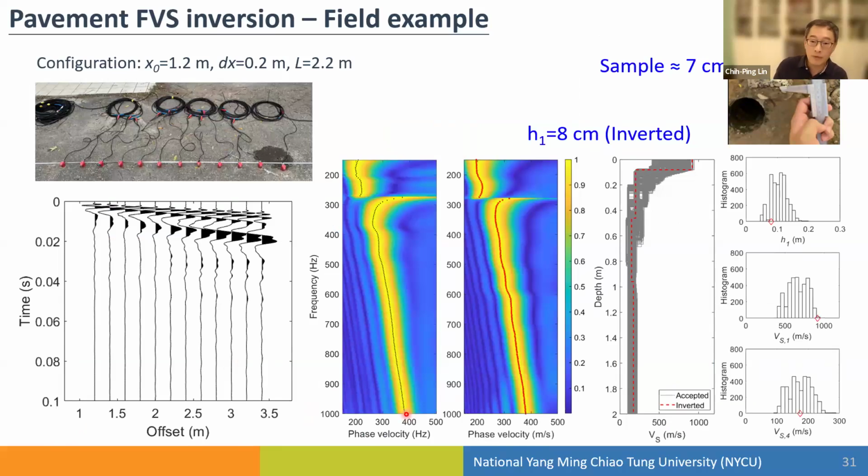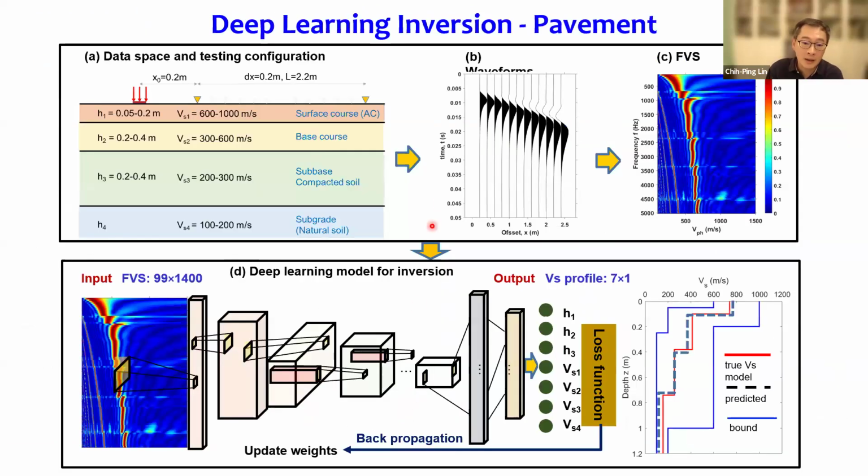So we have also done some study using deep learning, a convolutional neural network. We have quite a few preliminary results, and the results are very, very promising and very, very exciting. This deep learning approach will give you a very fast estimate, almost in real time.